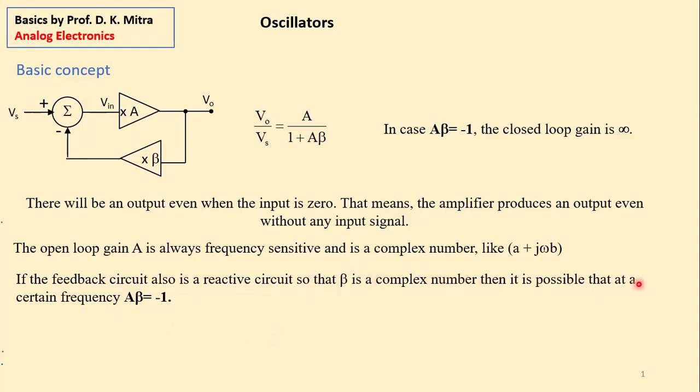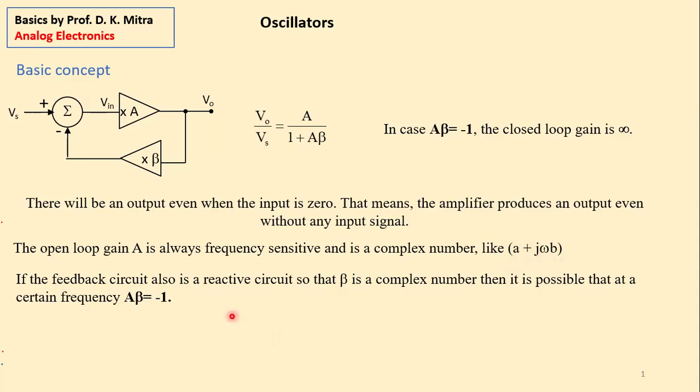And then it is possible that at a certain value of omega or 2 pi f, A beta is equal to -1. Because beta also will be, say, beta equal to C plus j omega t.